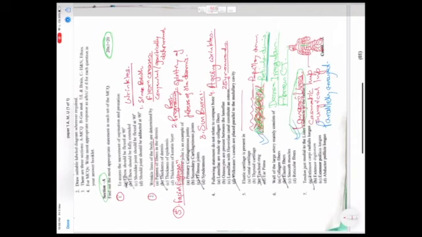The wrinkles due to facial expression are because of subcutaneous muscles.